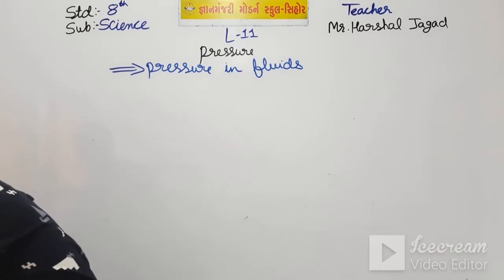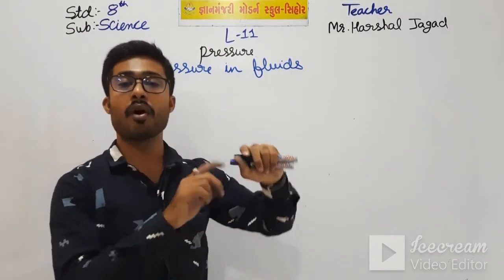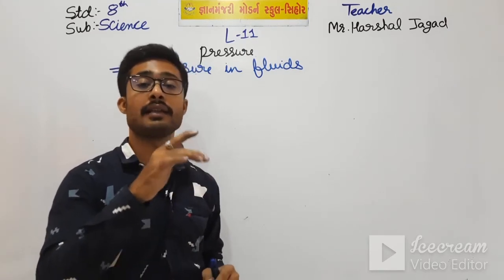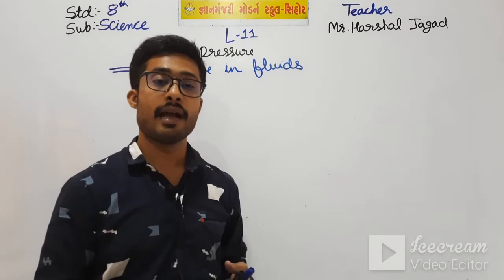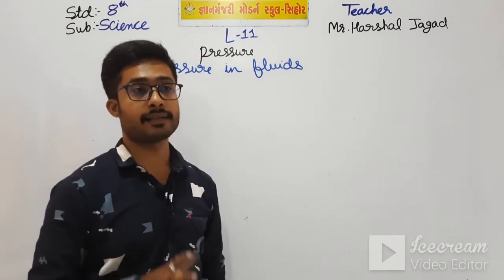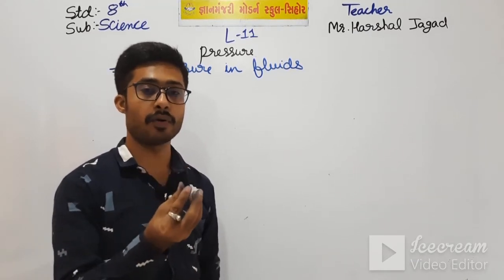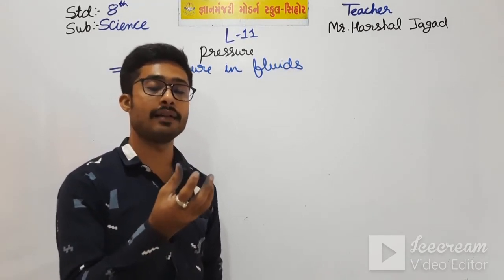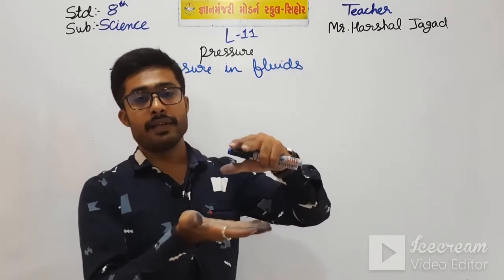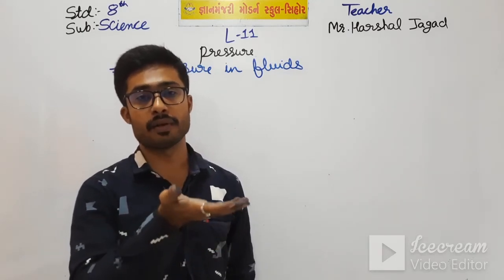Here we can see that the cardboard will not fall down, and the water in the tumbler will not come out either. So there is an atmospheric pressure on the cardboard, which helps to keep the inverted tumbler in place.